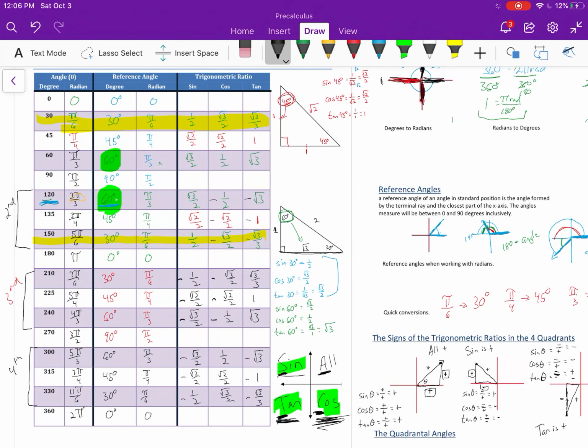We just have to work with what are called the quadrantal angles. But we have all of our special angles filled out in the 4 different quadrants. We were able to use what we knew about sine, cosine, and tangent of 30, 45, and 60, and what we knew about what was positive or negative in the 4 different quadrants.